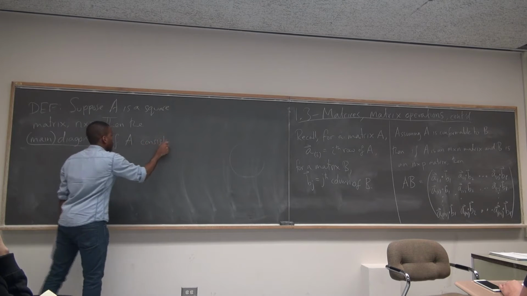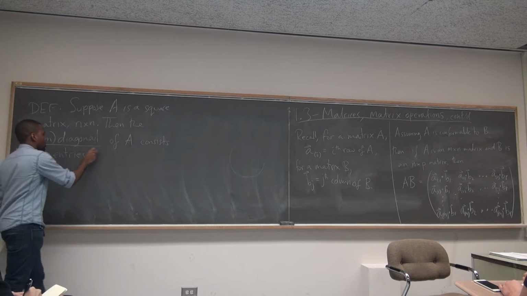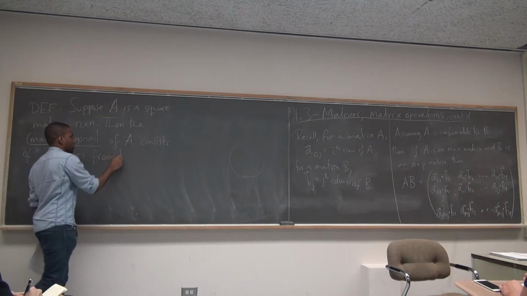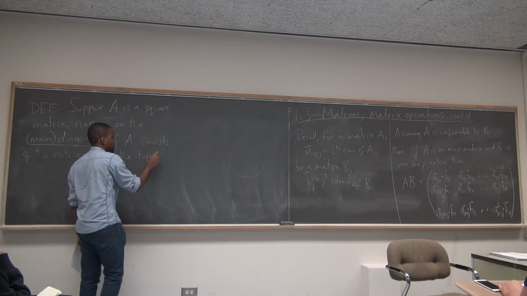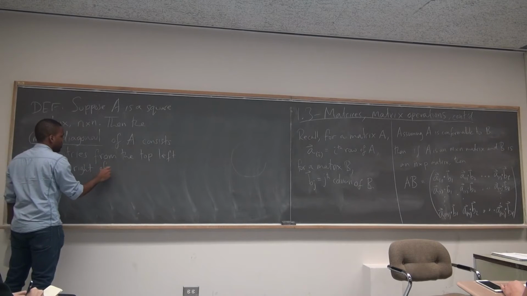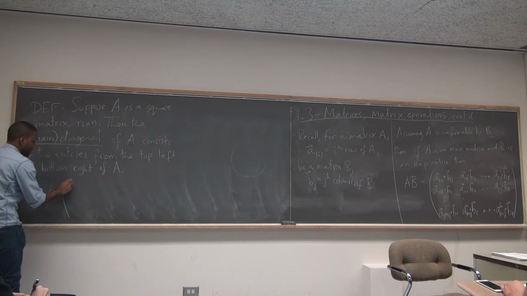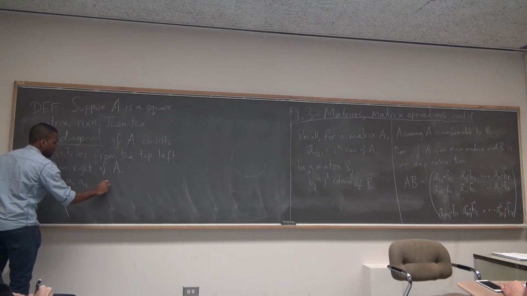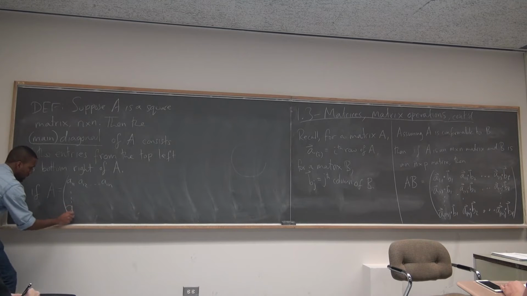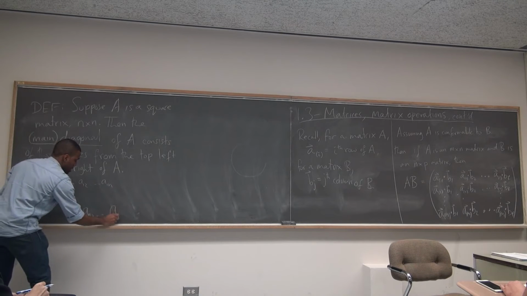The main diagonal of A consists of the entries from the top left to bottom right, i.e., if A is a matrix with entries A11, A12, all the way to A1n, all the way down to An1, An2, all the way down to Ann.